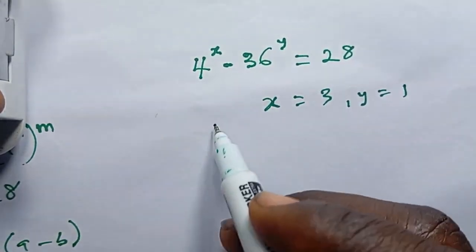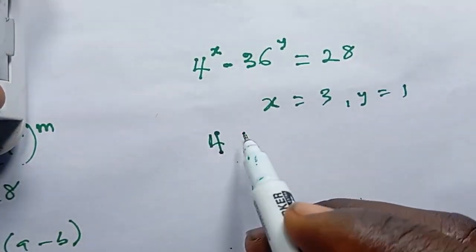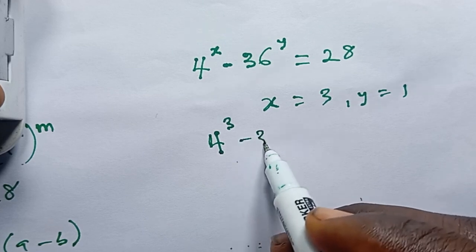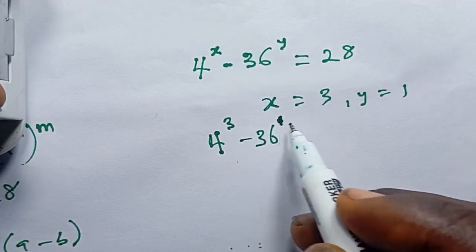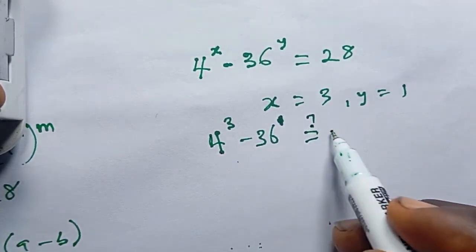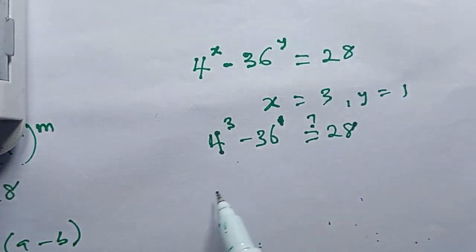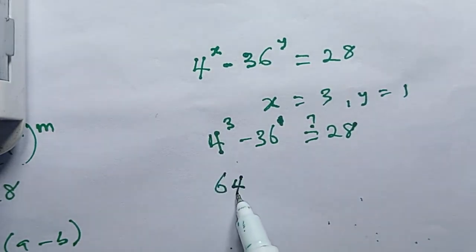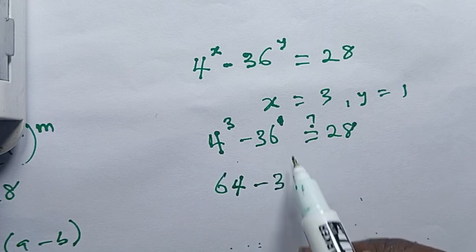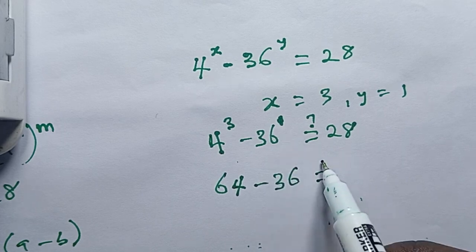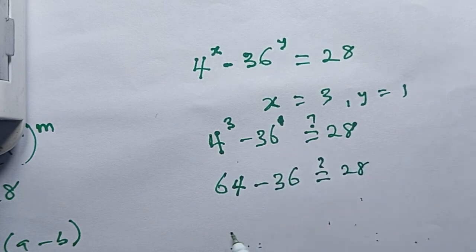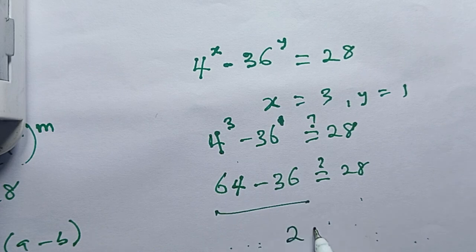So we want to plug that in. 4 power 3 minus 36 power 1, will this be equal to 28? 4 power 3 is the same as 64, minus 36. Will this be equal to 28? And of course when you do this subtraction, it is basically equal to 28. So that is how you solve problems like this.